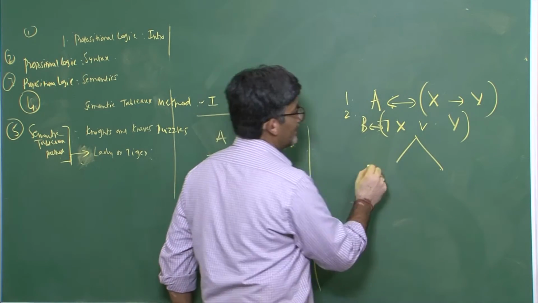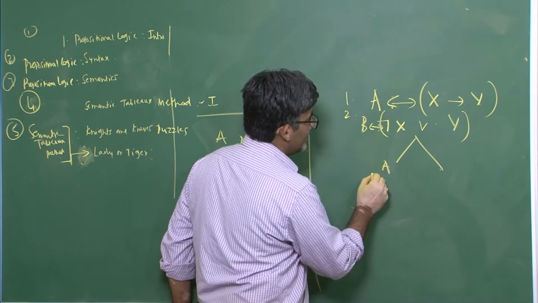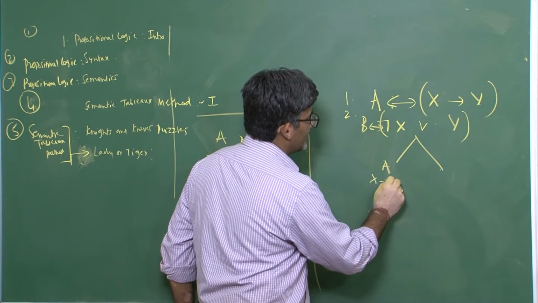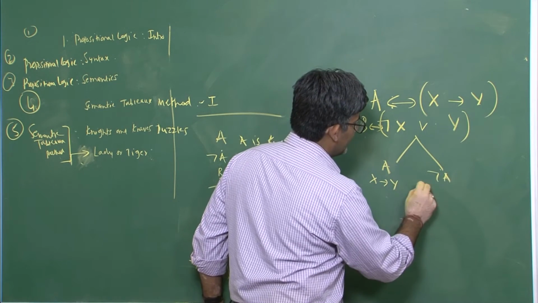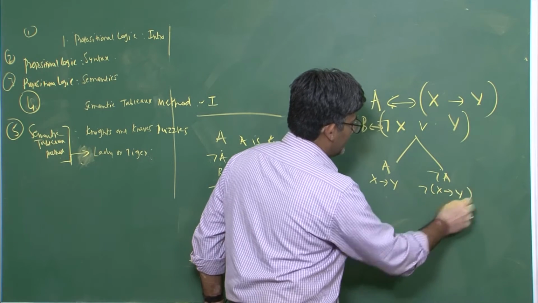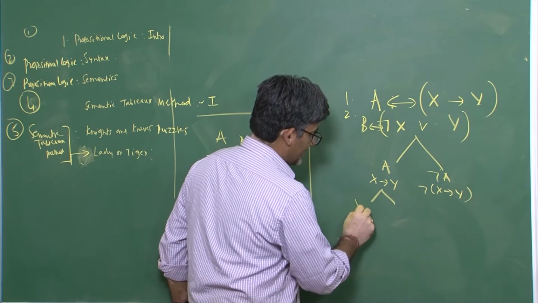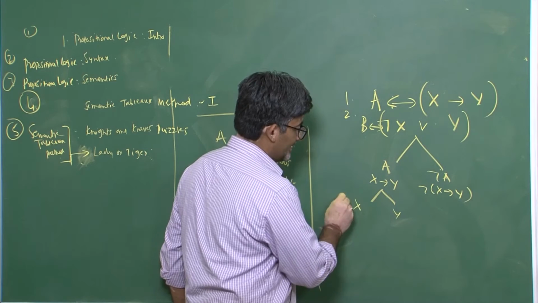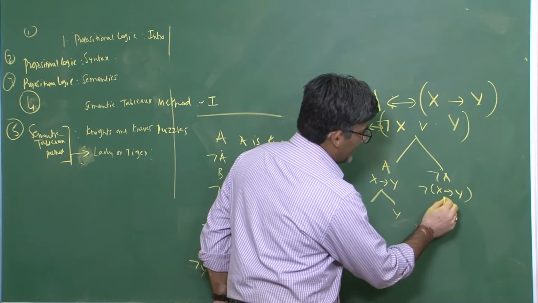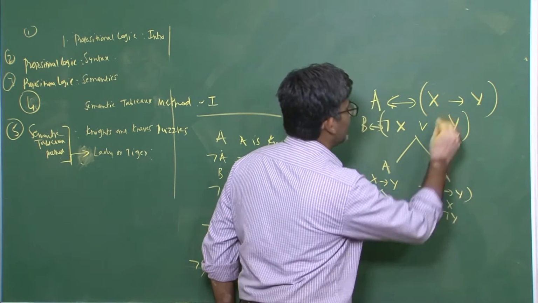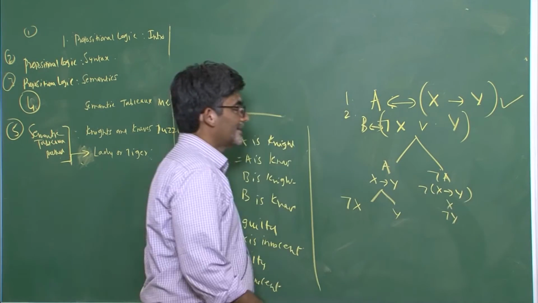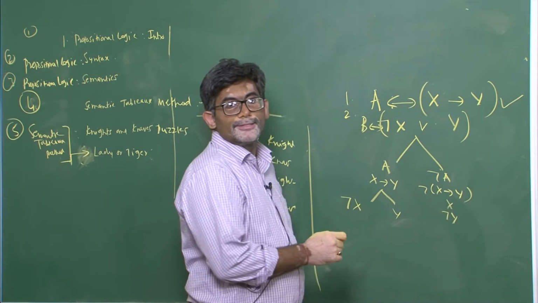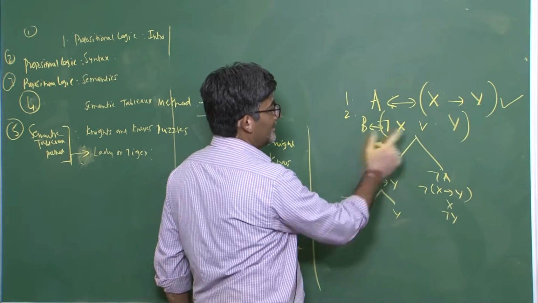First I will apply it on this one: either A and X implies Y, or not A and not of X implies Y. This is expanded: X implies Y means not X or Y, and here it is X and not Y. You check this formula, and that is why you tick mark this one. The second formula is the one we have.